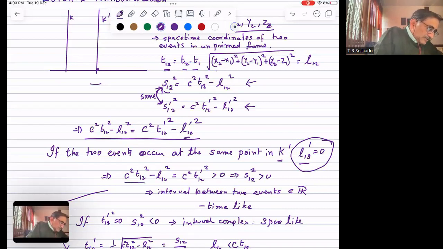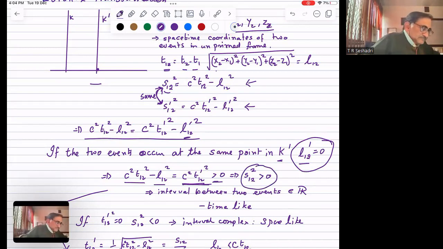So I have c²T12² − L12² = c²T12′². Since this is a positive definite quantity, it is greater than 0. So my S12² is greater than 0. And if it is greater than 0 in one frame, it is greater than 0 in all frames. These are called time-like separated events.